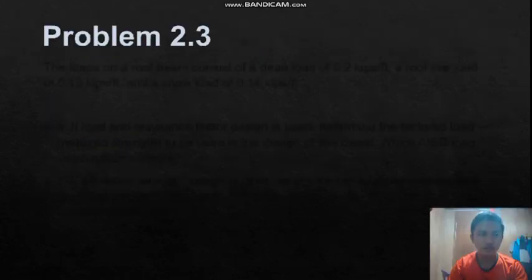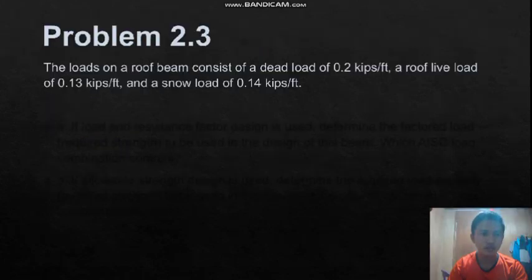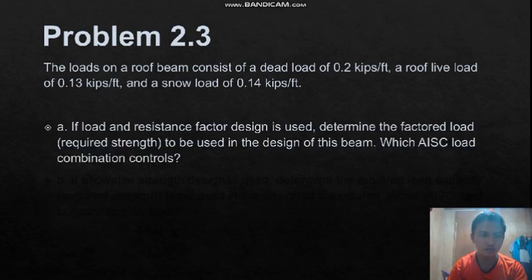So the next problem is problem 2.3. The loads on a roof beam consist of a dead load of 0.2 kips per foot, a roof live load of 0.13 kips per foot, and a snow load of 0.14 kips per foot.